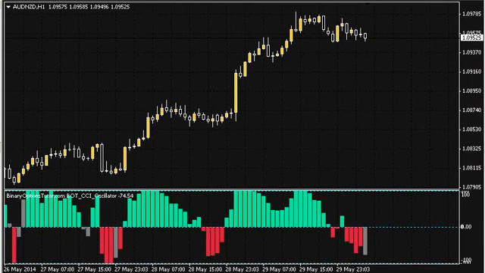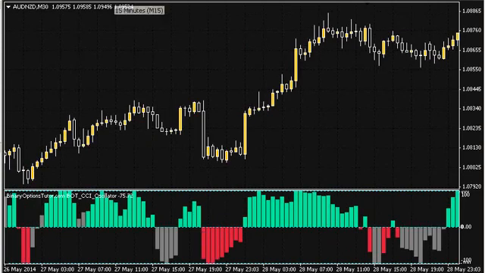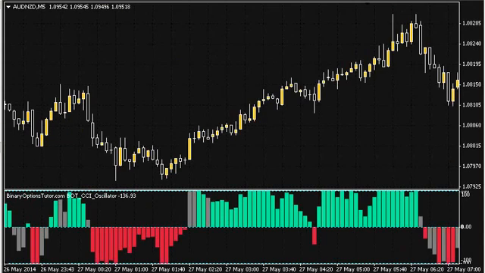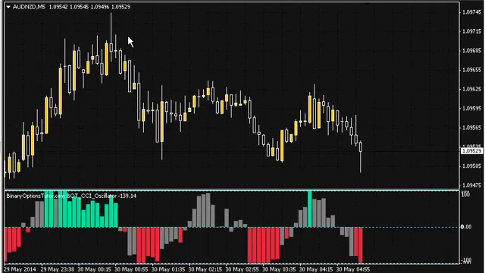So the better use of multiple time frames, and this is just my opinion, is searching for harmony over a multitude of different time frames, and that strength and that momentum.